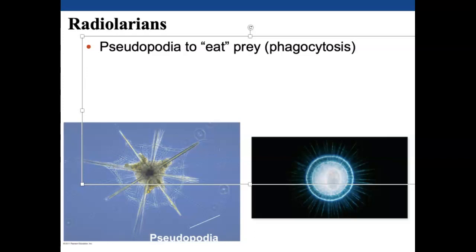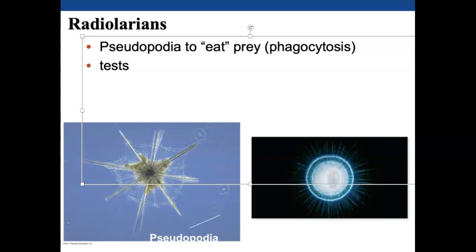It's when a cell grabs something big, wraps around it, and pulls it in. Well, that's what Radiolarians do to their prey organisms. So they're eating tiny microorganisms, but they're doing it through phagocytosis. And again, it's a pseudopod that enables them to eat these things.